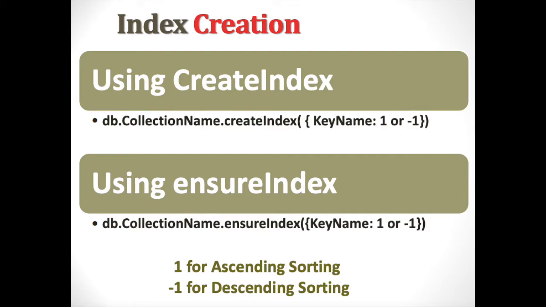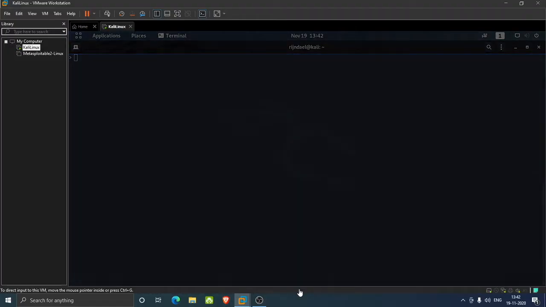You can sort on the same index by using it in a MongoDB query. You can do it either by createIndex or ensureIndex, with your key followed by a colon, 1 or -1. We'll do it, obviously.